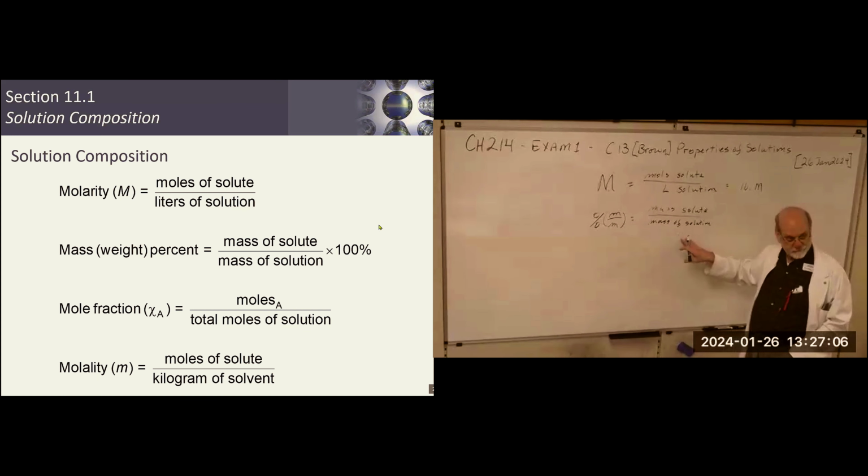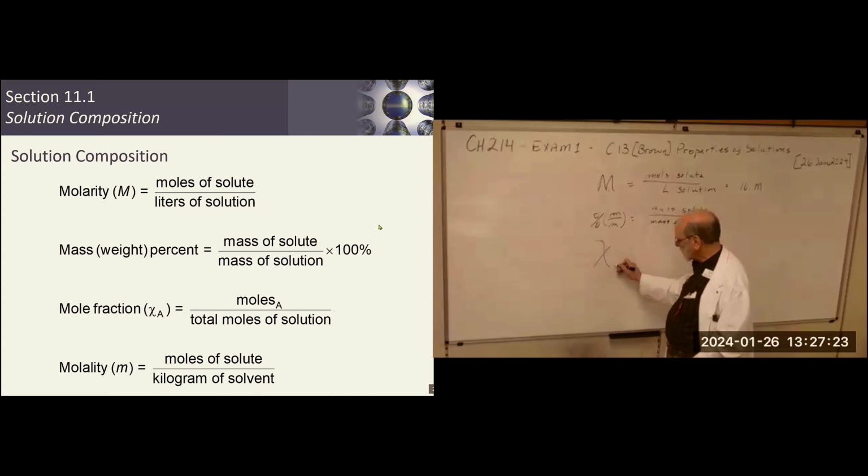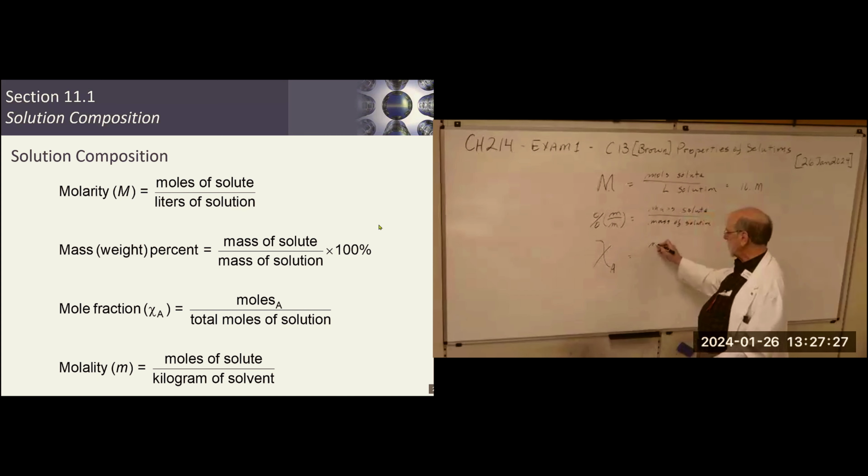Okay. Mole fraction, that might be an odd one. And we use this big X letter. In Greek, that's called the chi. And if we say the mole fraction of A, that means we have moles of A per total moles.